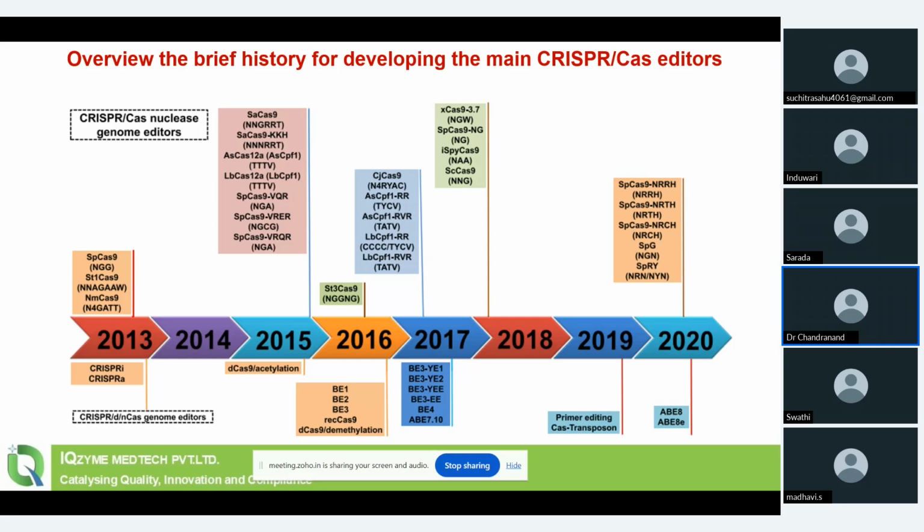Over a period of time, instead of doing this R&D in the wet lab, a lot of in silico work and in silico based testing has happened, and hence a lot of CRISPR sequences are also available for research.